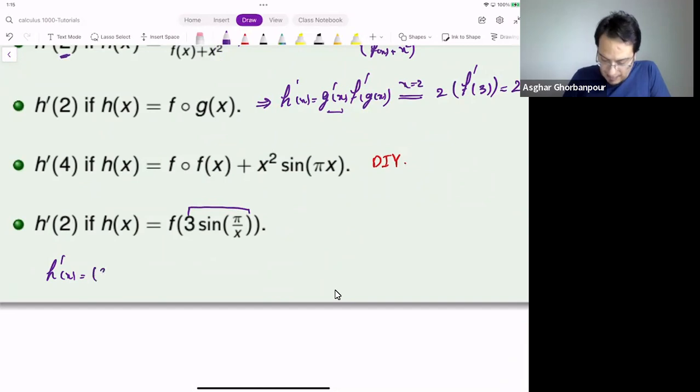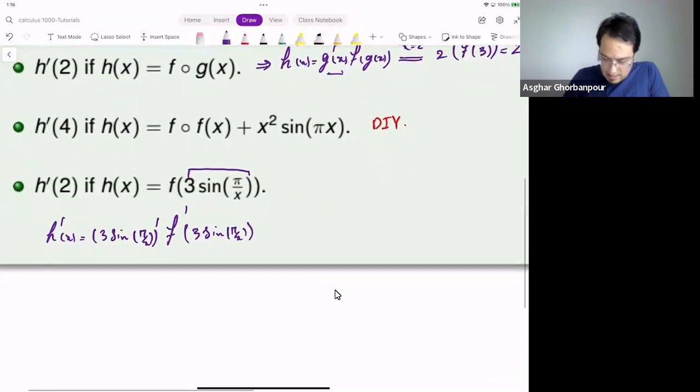Now I have to find the derivative of the inner one times the derivative of the outer one, which is f prime evaluated at the inner one itself. The second term, I cannot do anything because I don't know the general formula for f prime. I just know the values of f prime at some points. But for the first one, first of all, this is a product, a constant multiple rule.